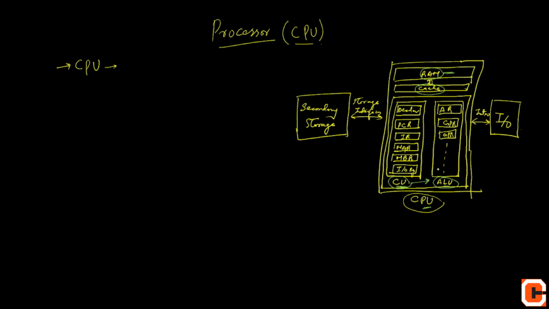To handle this process satisfactorily and to speed up the rate of information transfer, the CPU uses a number of special memory units called registers. These registers hold information temporarily and are part of the CPU. They act as a memory, but they are not part of the main memory. They are part of the CPU only, the processor.